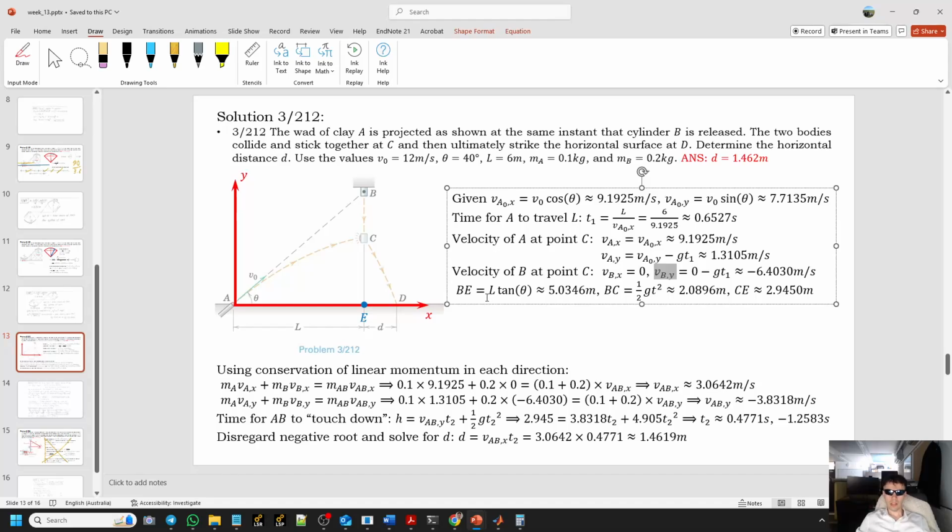So now L is this. L tan theta is 5.03 and so on. And how can we find BC?